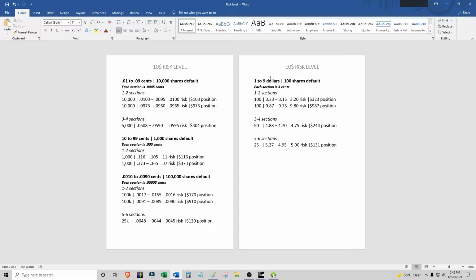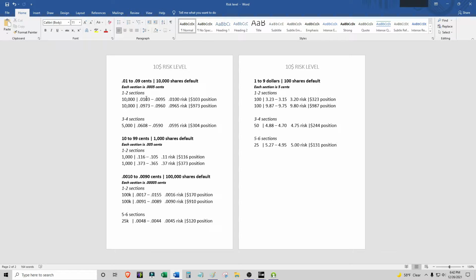Once it gets past $9, I think to calculate your dollar risk level, position size, it starts to move a little differently. It starts to be a little weird after $9. But I think with this, the way I have it right here is a system that's going to help me, and maybe it can help any of you who are very interested in trading low priced stocks, which the majority of these are OTCs.